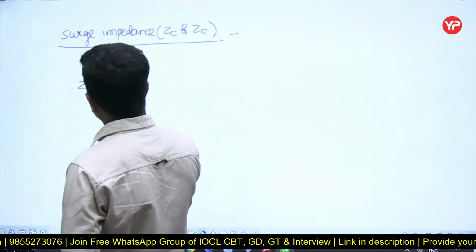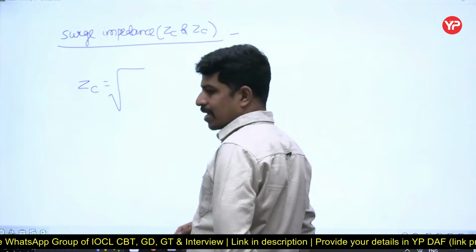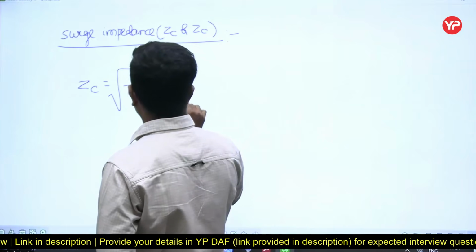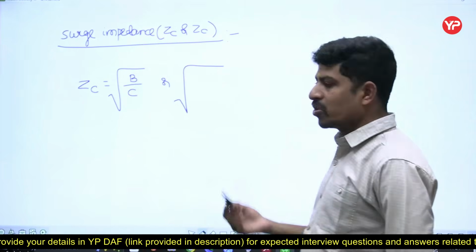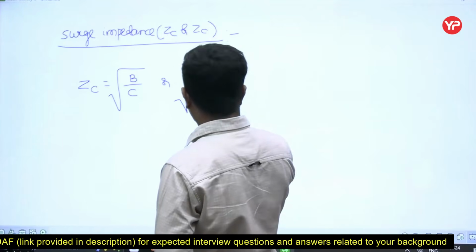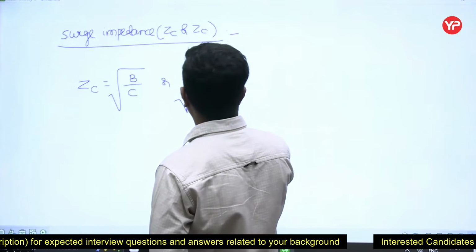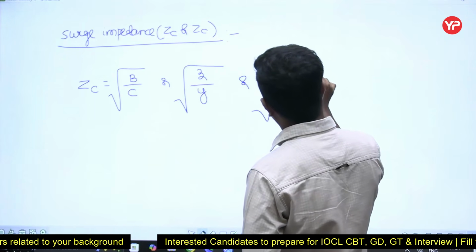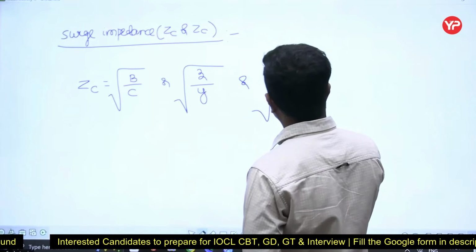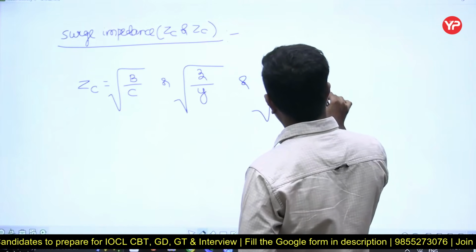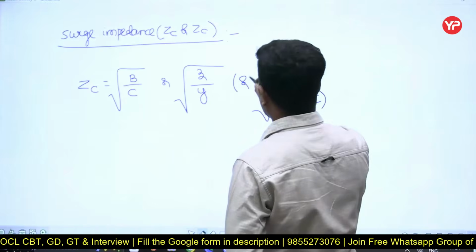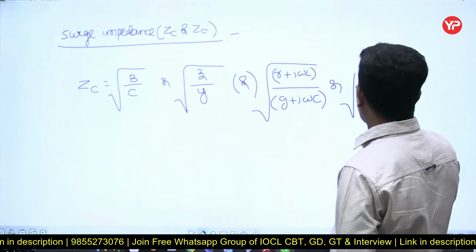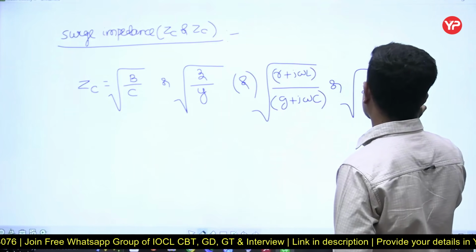ZC is equal to, as every transmission line has ABCD parameters as I discussed previously, the square root of B by C. Or if you take the transmission line as distributed parameter, it is the square root of small z by small y, where small z is the series part R plus j omega L and small y is G plus j omega C. Or it is the square root of ZOC into ZSC.